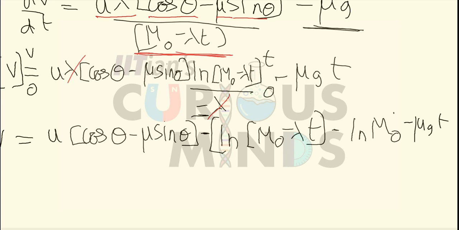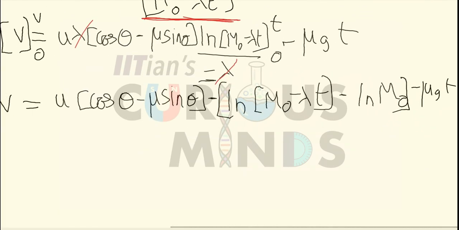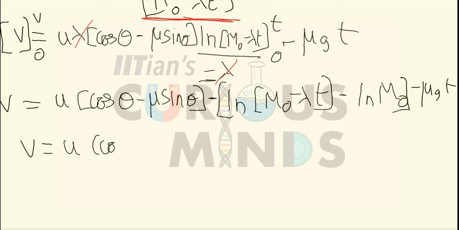Now log a minus log b is equal to log a by b. So this part simply will be u into (cos theta minus mu sin theta), and there is a negative sign over here, so if I insert the negative sign, this will become positive.